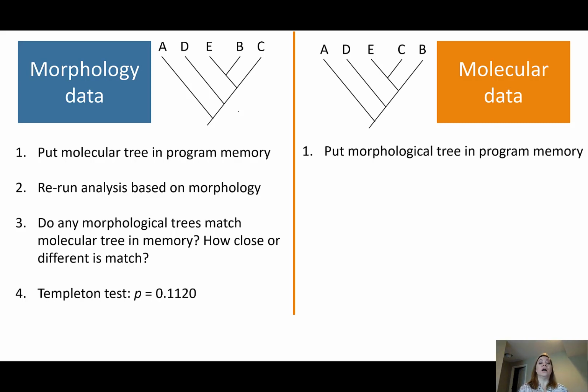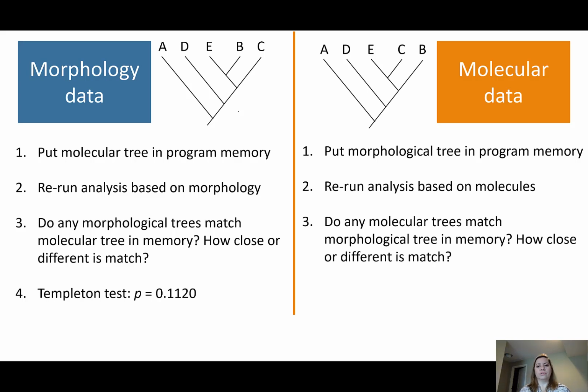You put the morphological tree in program memory this time, and that is your constrained tree. Then you rerun the analysis based on the molecular data, and then again, you look to see whether any of the morphological trees or any of the molecular trees that you are just now getting match the morphological tree that you have in memory.